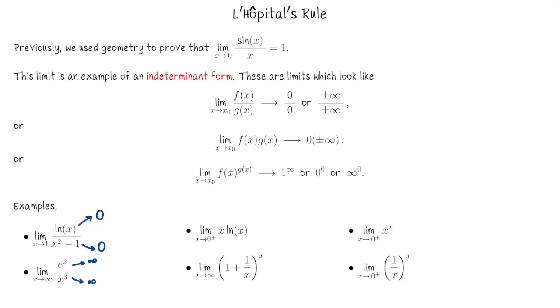Okay, so those are the easiest types of indeterminate forms to work with when you're either looking at 0 over 0 or infinite behavior over infinite behavior. Let's look at the next type. Here we're not looking at a ratio of functions, we're looking at f of x times g of x, where one of them is going to 0 and the other one is going to an infinite behavior.